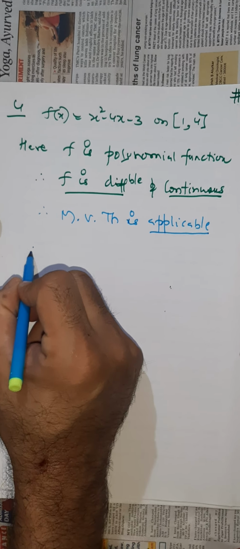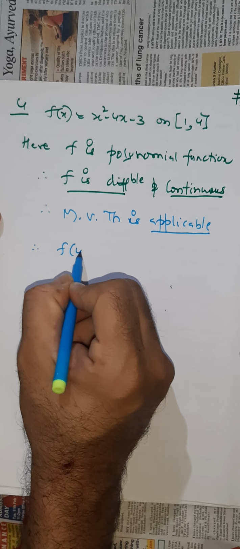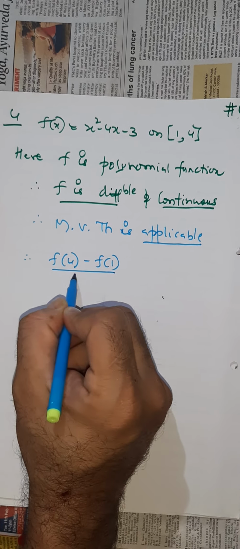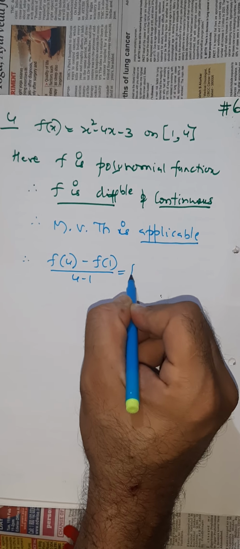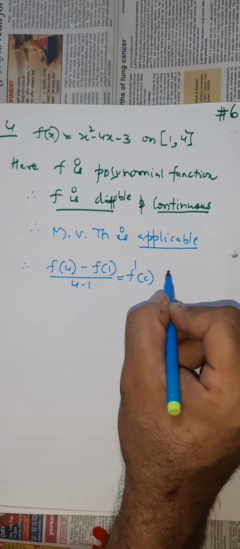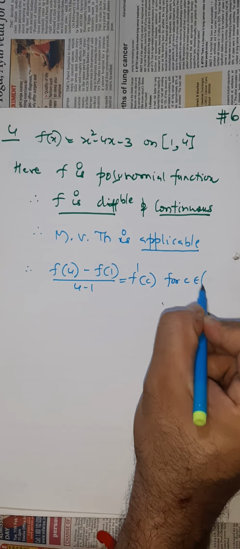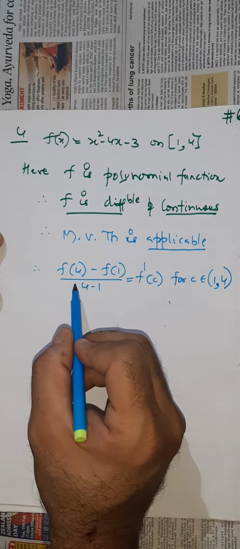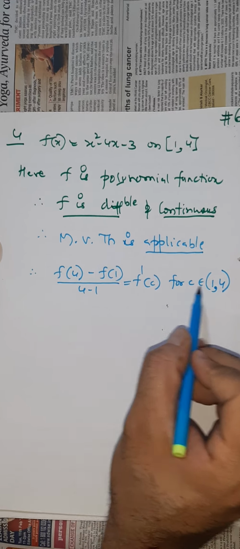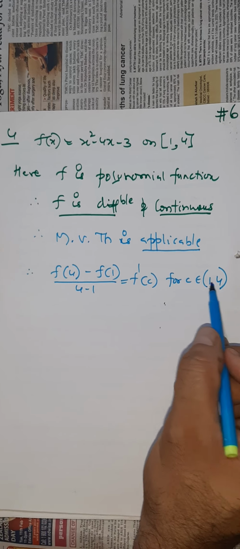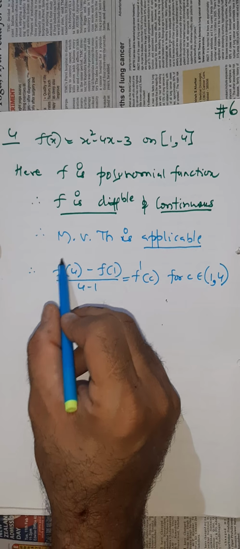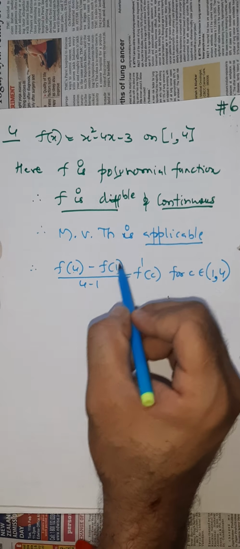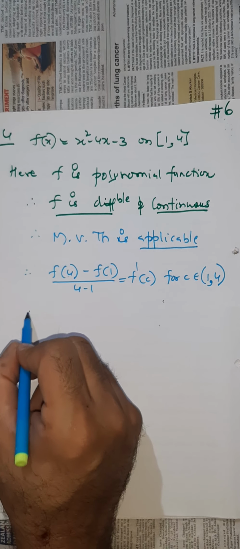What it says, therefore f of b, that is f of 4 minus f of 1 upon 4 minus 1, equals f dash c for c from the open interval 1 to 4. The mean value theorem is applicable, and therefore you can find a c from the open interval 1 to 4, for which f dash c is equal to f of 4 minus f of 1 upon 4 minus 1.